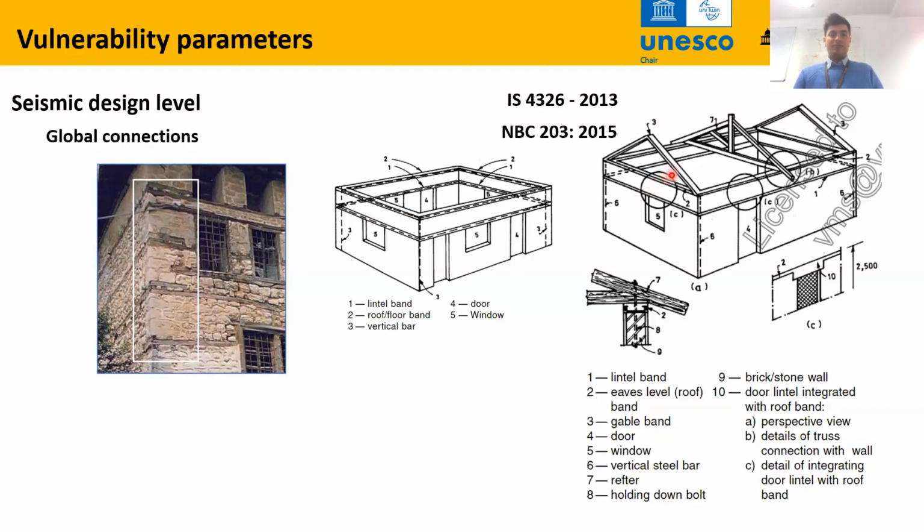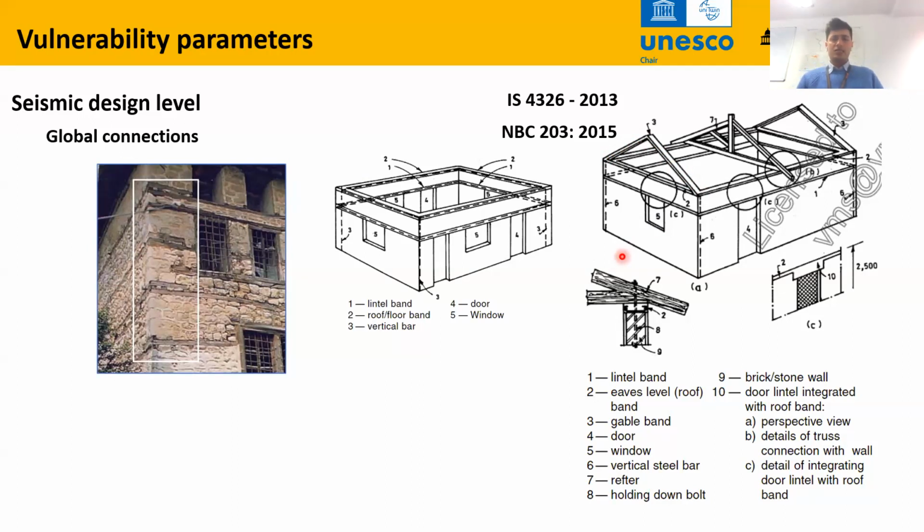And there are different levels of use of such bands: at different levels, continuously along the vertical, or at lintel level and roof level, or, for these types of flexible roofs, bands at the rooftop level as well.